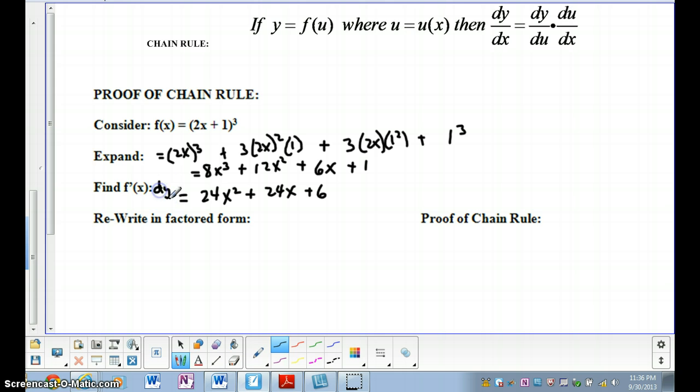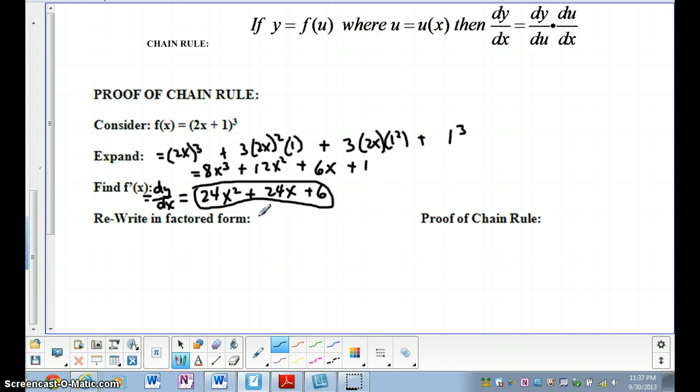So this could be written as dy dx or as f prime of x. Here's our derivative. Okay, so let's prove the chain rule. Here we did it the old-fashioned way, multiplying out and then using our power rule to help us derive.